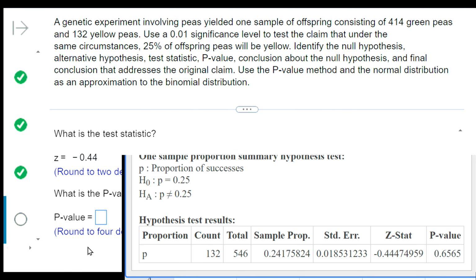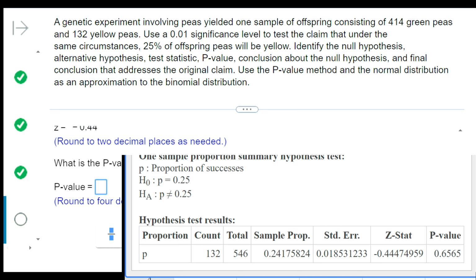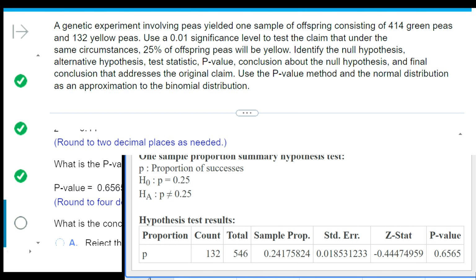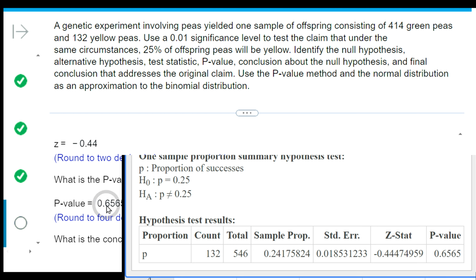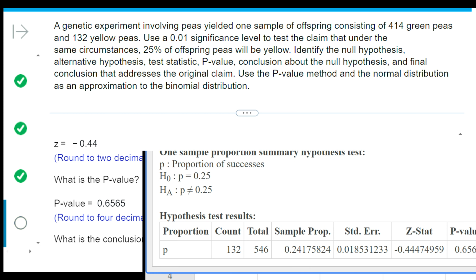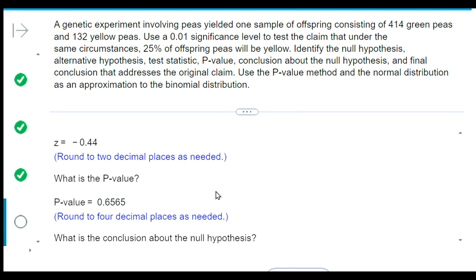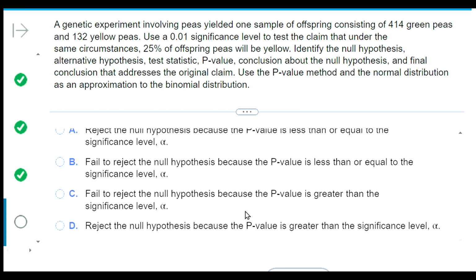The p-value, let's say round to 4 decimal places, and that's all they gave me for the p-value, so 0.6565. Okay, 65% chance I'll be wrong if I reject. That's a whopper of a chance of being wrong. I think I won't reject. I'll be failing to reject because that p-value is so big.